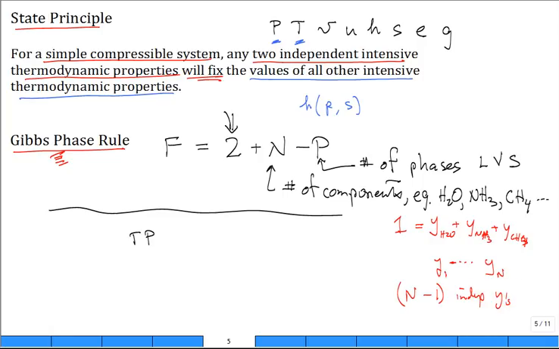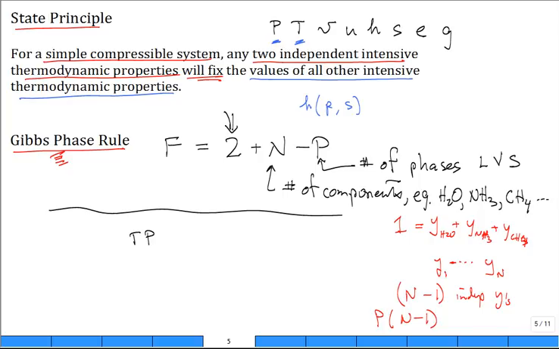All right? And now, if you multiply that by P, you would need the mole fractions of n-1 components in 1P, 2P, or 3P for each of the phases.